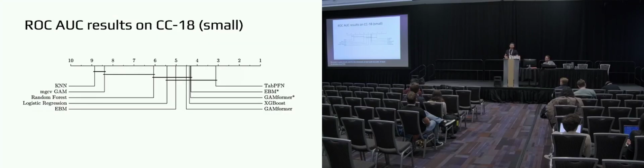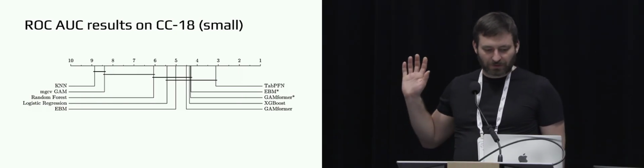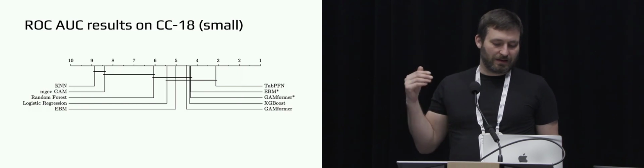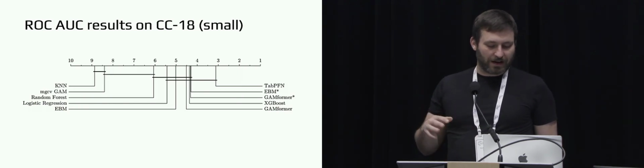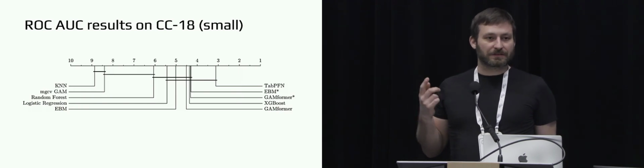We also did a wider study on the OpenML CC18 data set, a subset of this benchmark that contains at most 2,000 samples. Here's the critical difference diagram comparing TabPFN, EBM, GAMformers, and XGBoost. The models with the star here are models that have pairwise interactions.